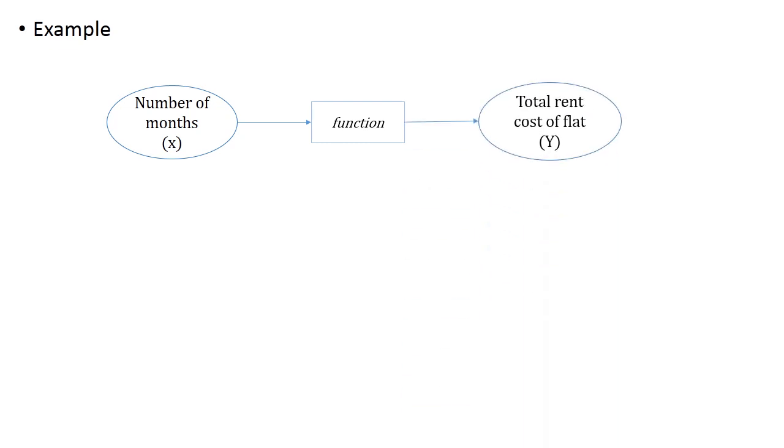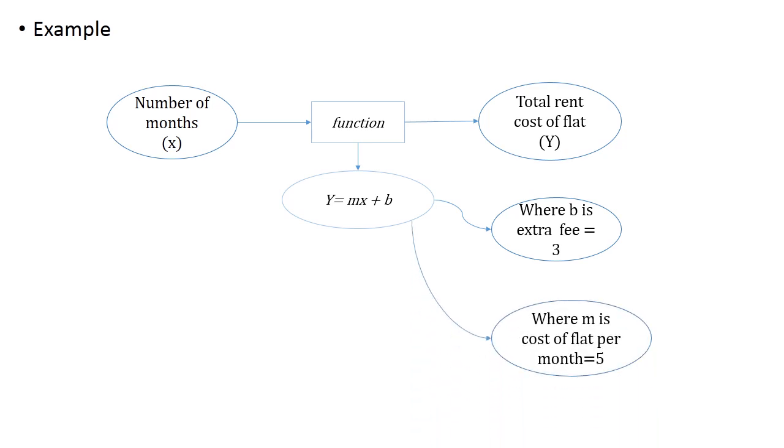It is important to observe that the input of the function is different from the output: the input represents the number of months and the output represents the total rent cost. Then let's look inside the function at the linear equation that makes this conversion. y equals mx plus b, where b is the extra fee, which equals 3, and m is the cost of the flat per month, which equals 5.